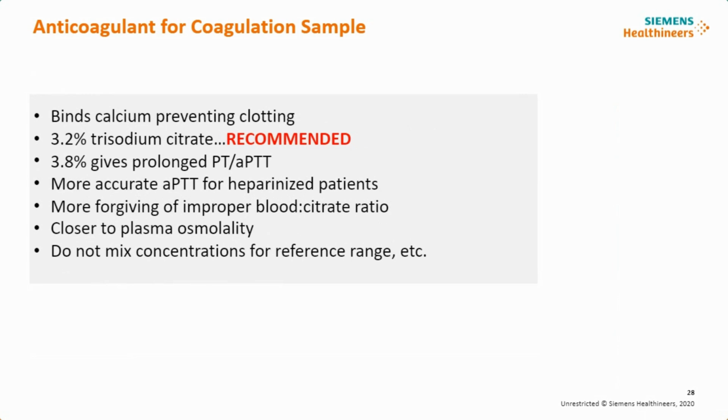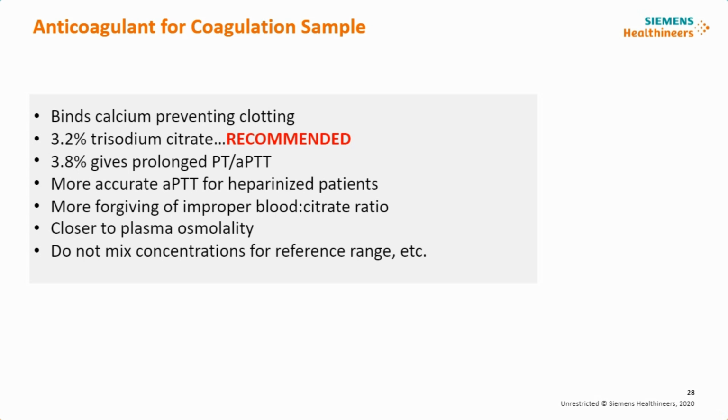And the reason for that is that it is able to bind calcium, therefore preventing clotting. As we know about coagulation testing, after we've added all our reagents into the reaction vessel, we then add calcium, which is the initiator of the clotting cascade. So sodium citrate effectively is able to bind to calcium, preventing the activation.